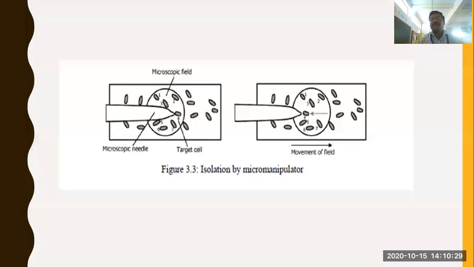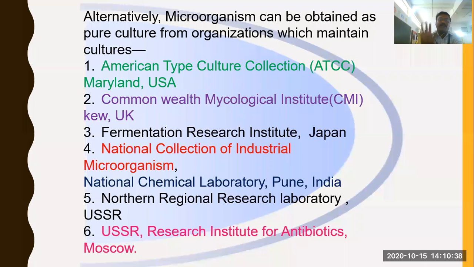That's why it is known as the single cell isolation technique, or the micromanipulator isolation technique. If you do not want to take much hard work for the isolation, and your industry does not permit the maximum time only on the isolation task, there are alternatives.